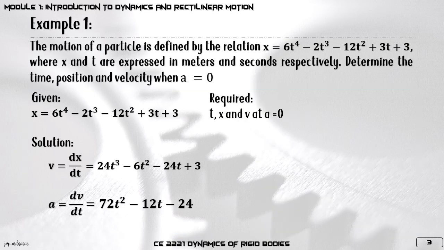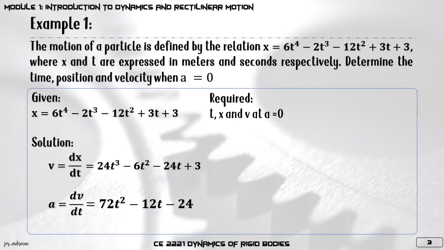Since we want to solve for the position and velocity as well at a equal to 0, that is at a time equal to 2/3 seconds, what we will do is to simply substitute now the value of t in our equation of velocity and position.